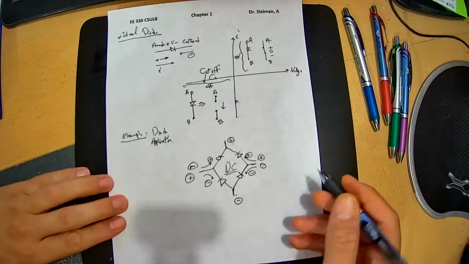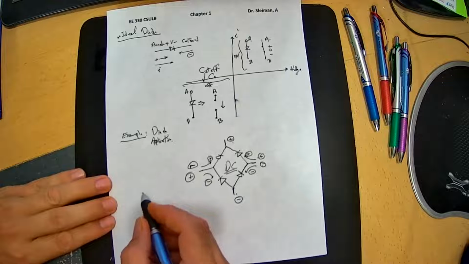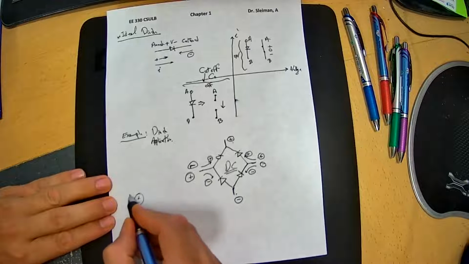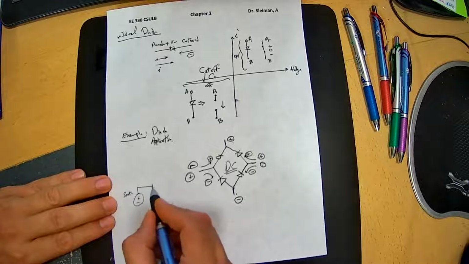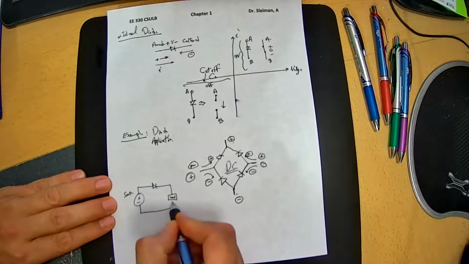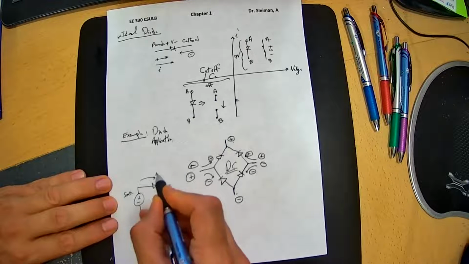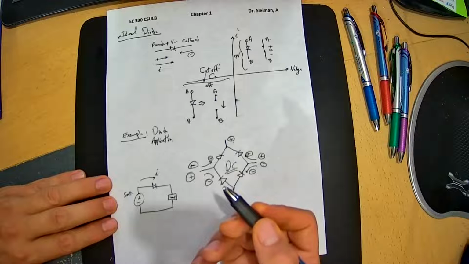We can introduce the diode in a circuit. Let's say this is a voltage source, a diode, and a load. The current will always flow in this direction.